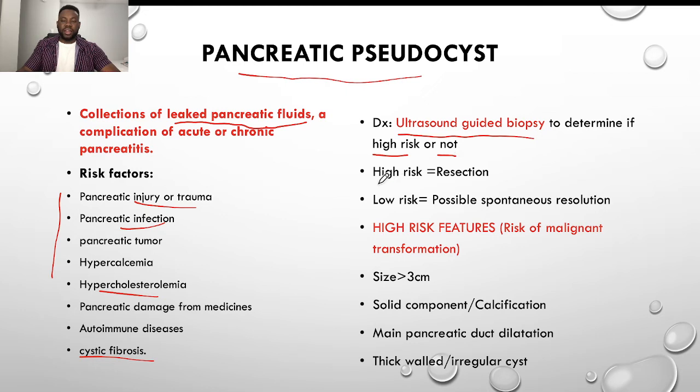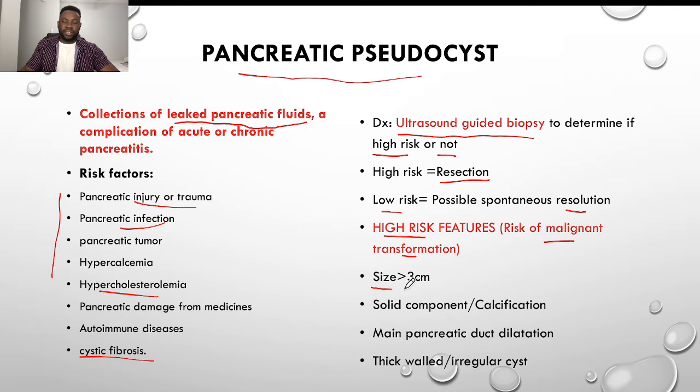High risk cyst should be resected. Low risk cyst possibly would have spontaneous resolution, so we do nothing about it. Now, these are some of the features of high risk cysts. So these high risk cysts have potential for malignant transformation. That's why we resect them.